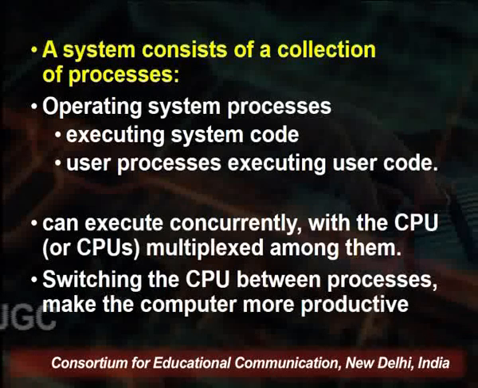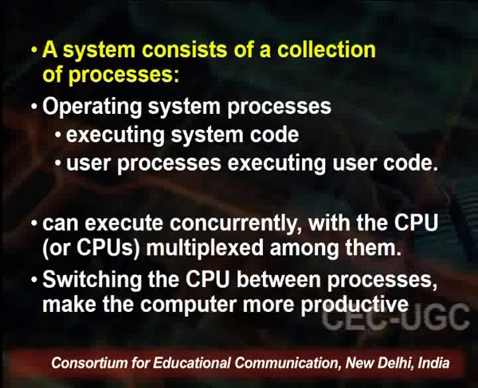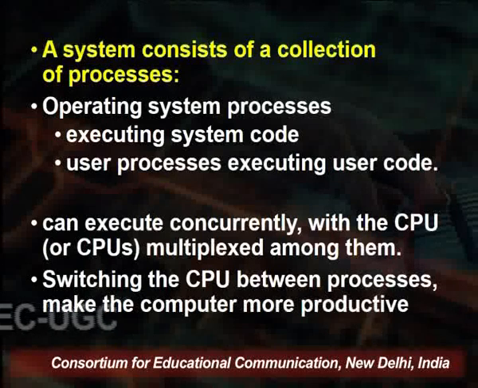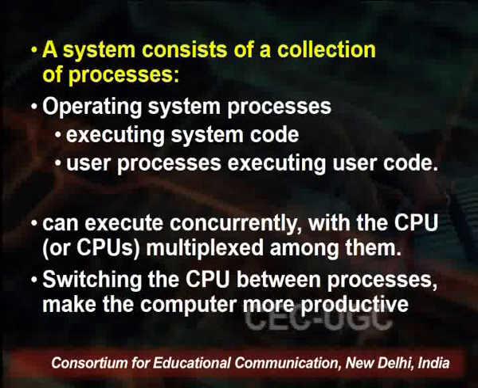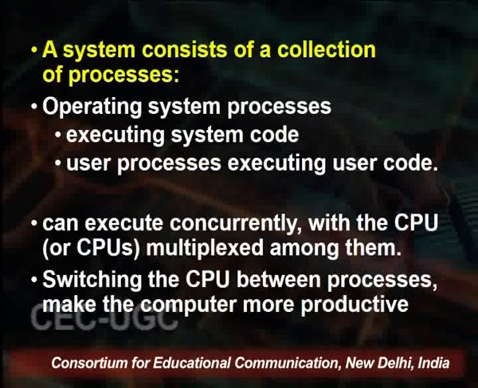So operating system processes could be the system code which is being executed, that's also a process as far as the operating system is concerned, and another is user processes executing the user code, which is also an operating system process. Now, it is a perfect possibility that these two, the user process and the system process, can execute concurrently.